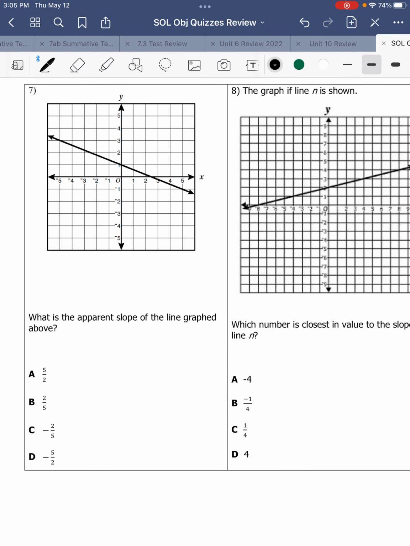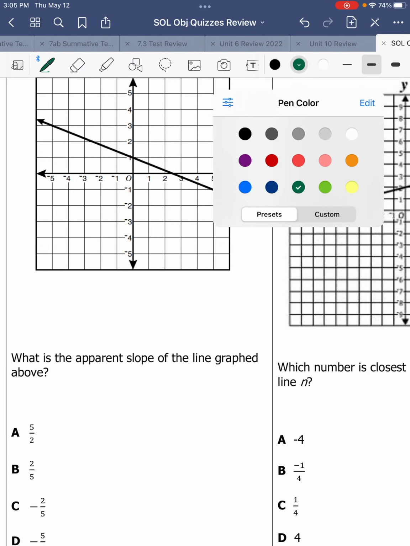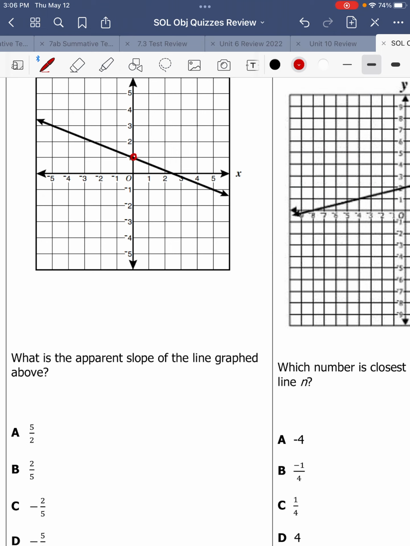All right, what is the slope of the line graphed above? So I have to pick 2 points here. I want to get a different color, red. So that looks like a common point. And where is there another common point? I see one way over here and way down here. I typically like to go down, and then to the right. So I'm going down 1, 2, so that's negative 2.